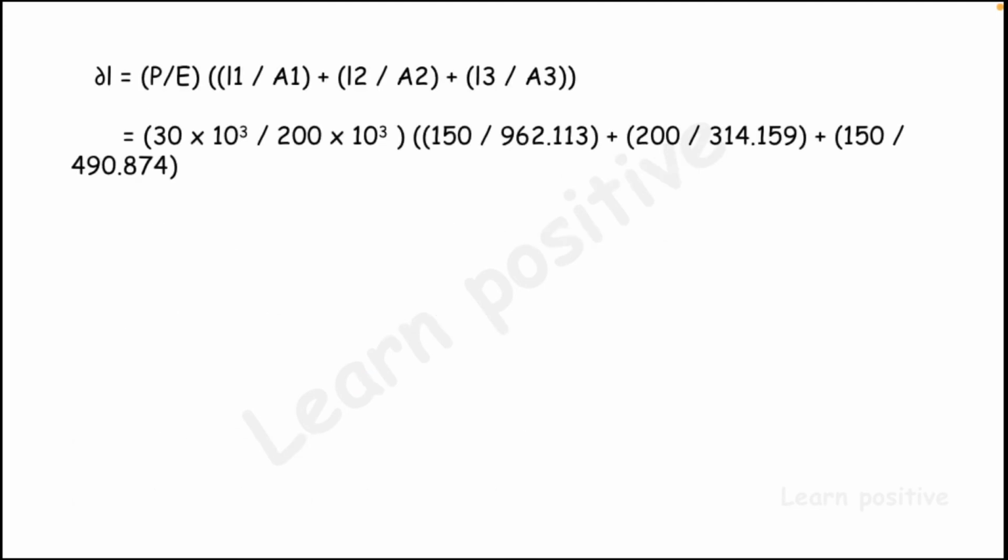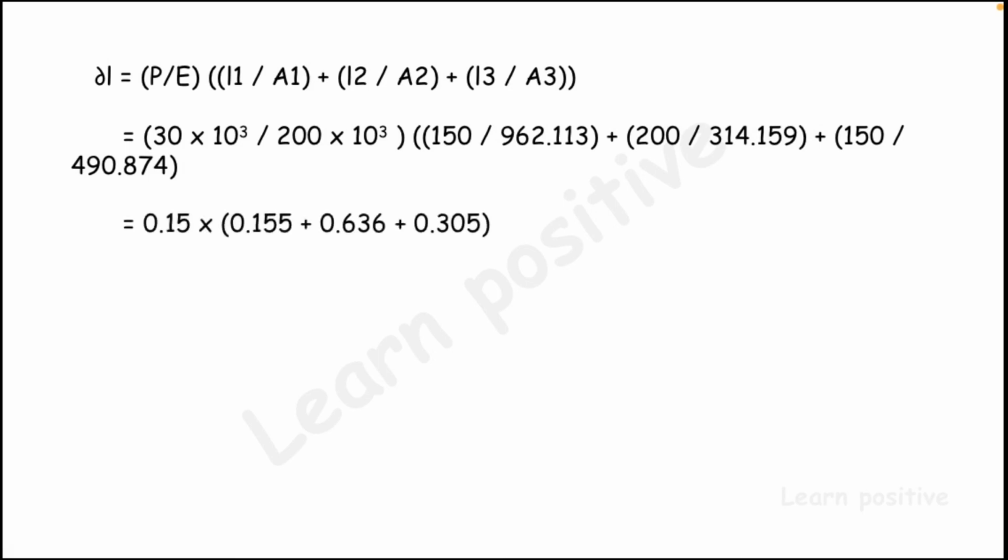Now we are going to substitute the value for this formula. So the load is 30 into 10 to the power of 3 and the Young's modulus is 200 into 10 to the power of 3. Both are in divide, and in the second set of bracket we have 150 divided by 962.113 plus 200 divided by 314.159 plus 150 divided by 490.874. This is the value of the formulas.